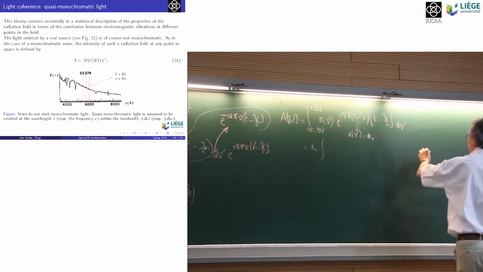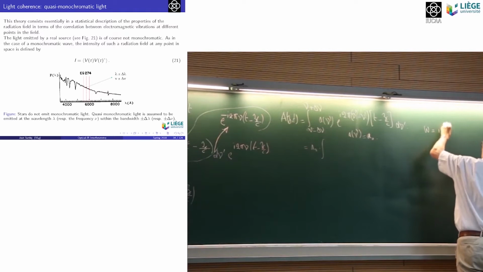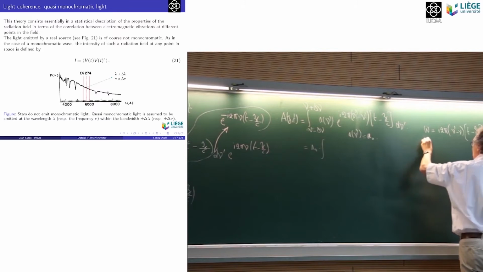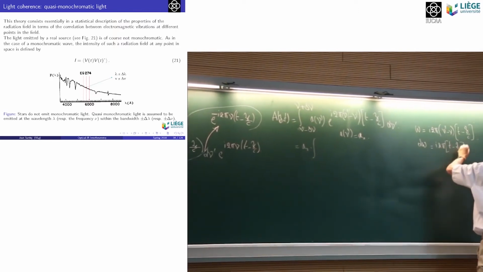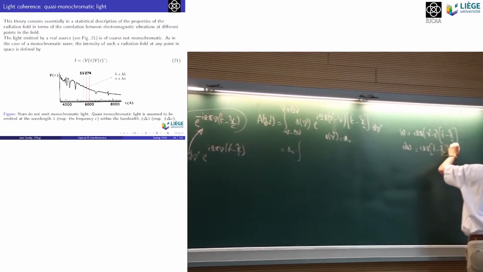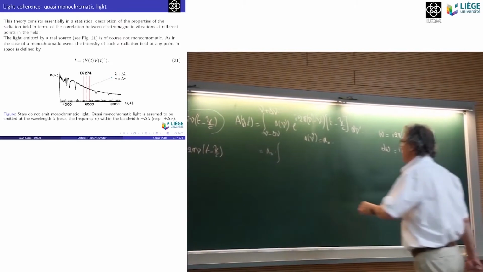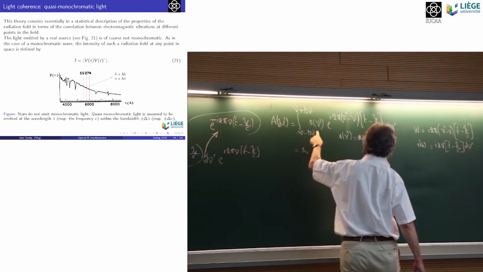So I will make a change of variable. Let's define w as being equal to i 2 pi times nu prime minus nu times t minus z over c. Now dw will be equal to i 2 pi times t minus z over c multiplied by d nu prime. So I should change my limits of integration.